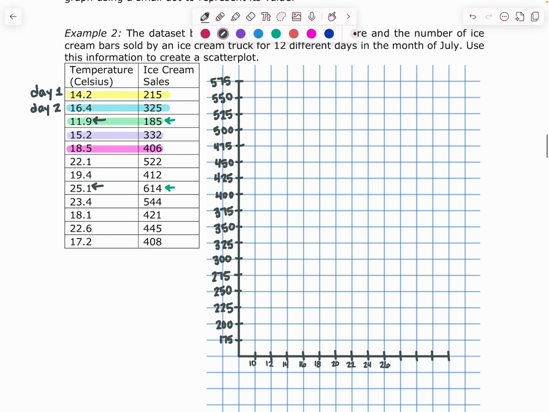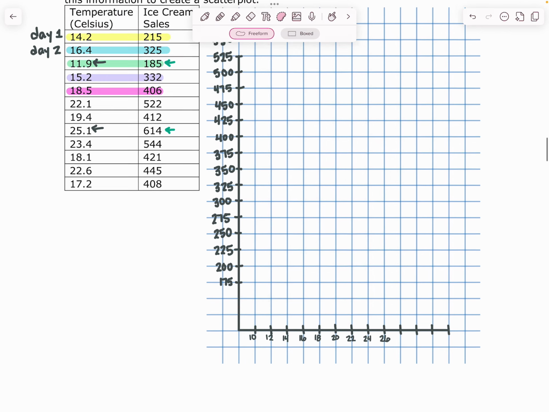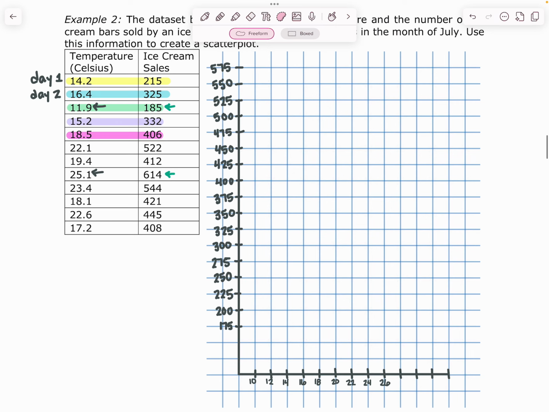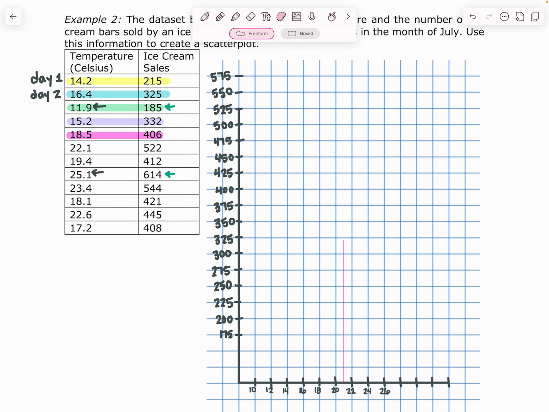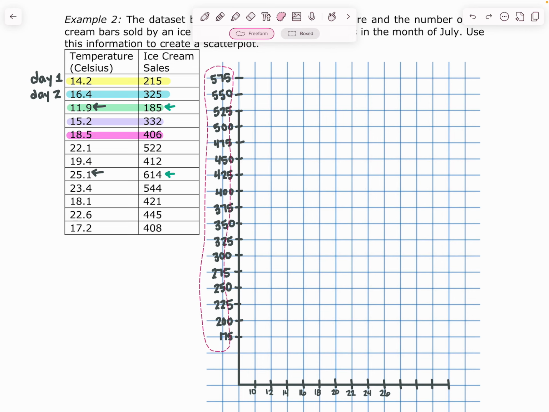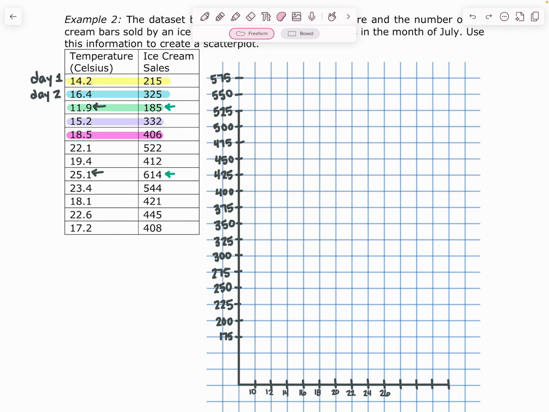This is why it's really nice when you have technology you can use, because then things like this don't happen. Oh no, I have to fix my scale.